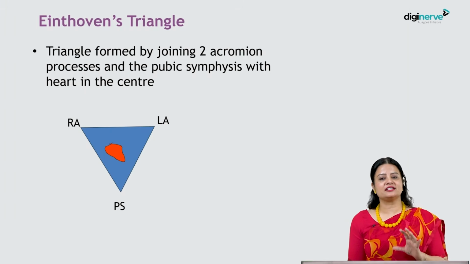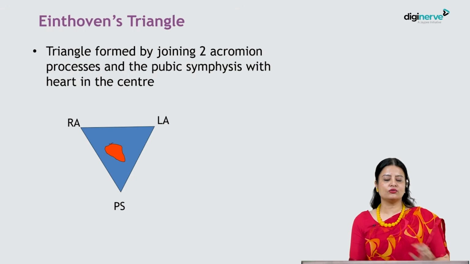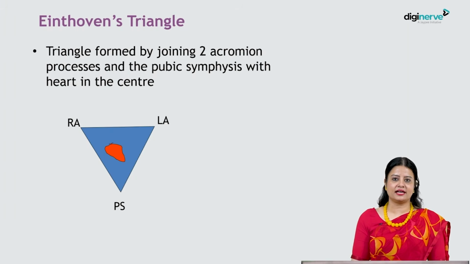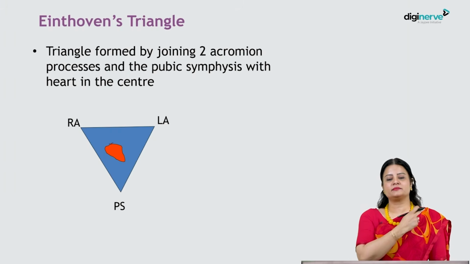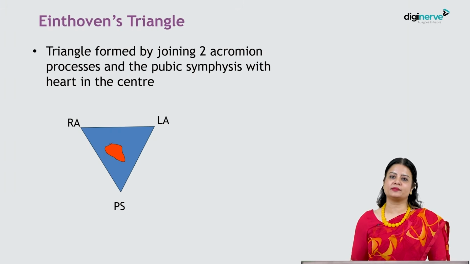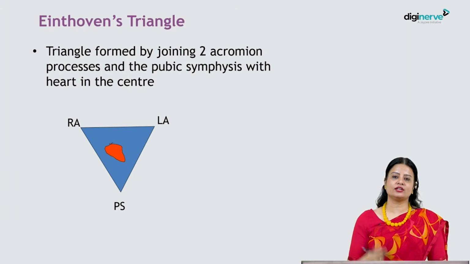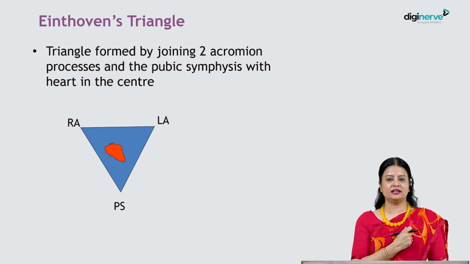Before we proceed with the ECG recording, we must know about Einthoven's triangle, which says that if we connect the right acromion, left acromion and the pubic symphysis, it makes an equilateral triangle where the heart lies in the center of the triangle.